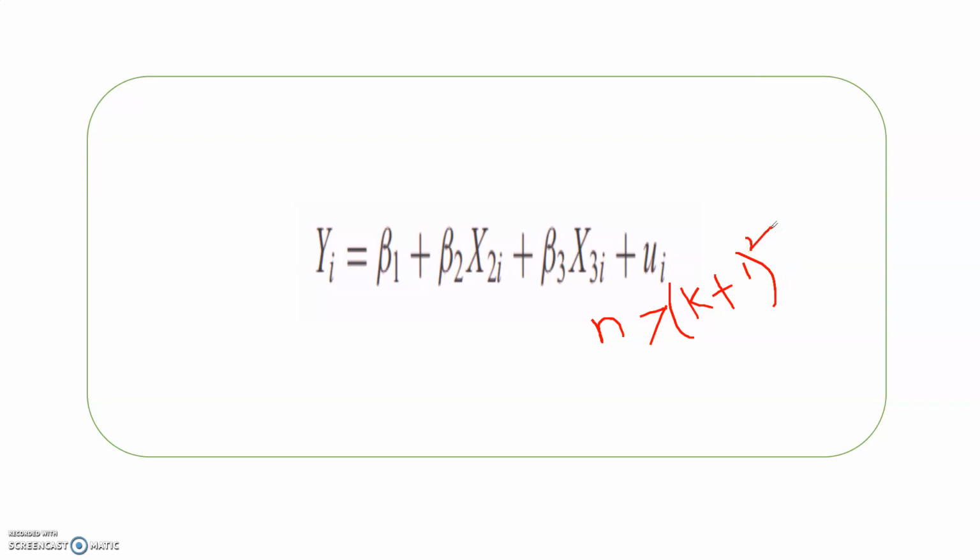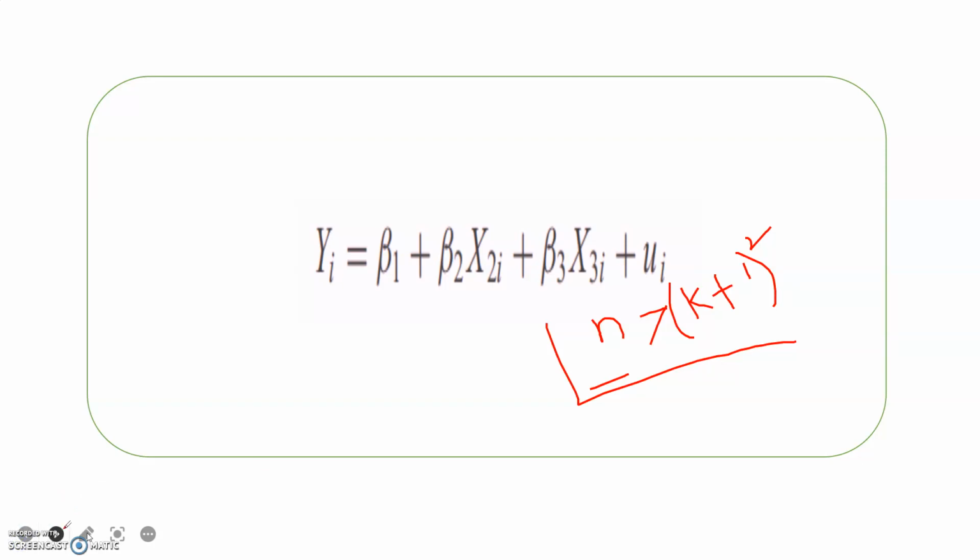If we want to run a model with two independent variables, the observations should be, let's check, (2 plus 1) whole square. So 2 plus 1 is 3 and the square of 3 is 9. Therefore, the observations have to be greater than 9. So this is one more assumption, that n has to be greater than (k plus 1) whole square.